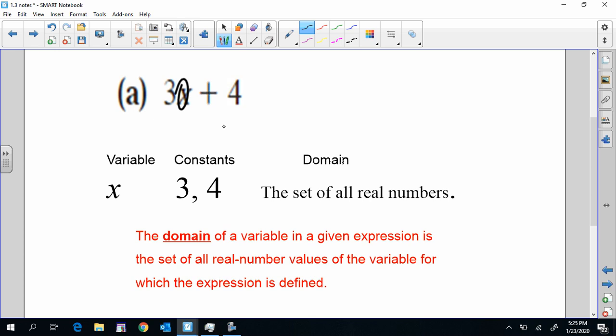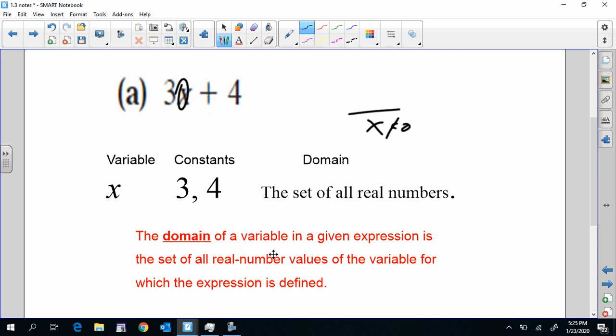What does generate errors is division. When we've got division by x, we know that there's a possibility that you're going to get an error, and that's anytime x equals 0. If it's on the bottom, x cannot equal 0. If it's on the top, it can equal 0.